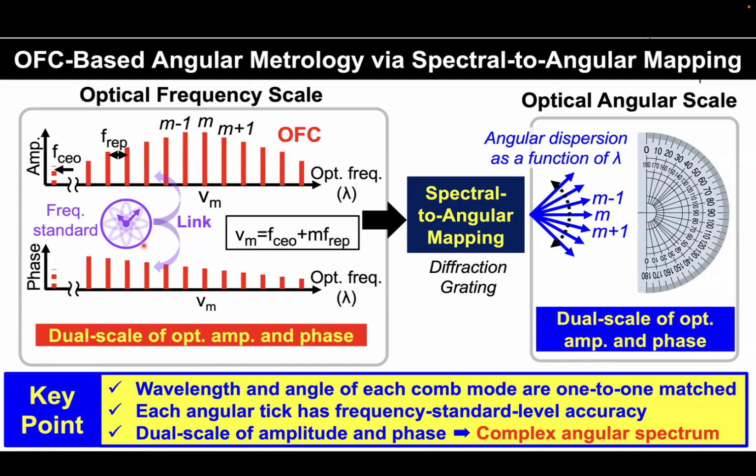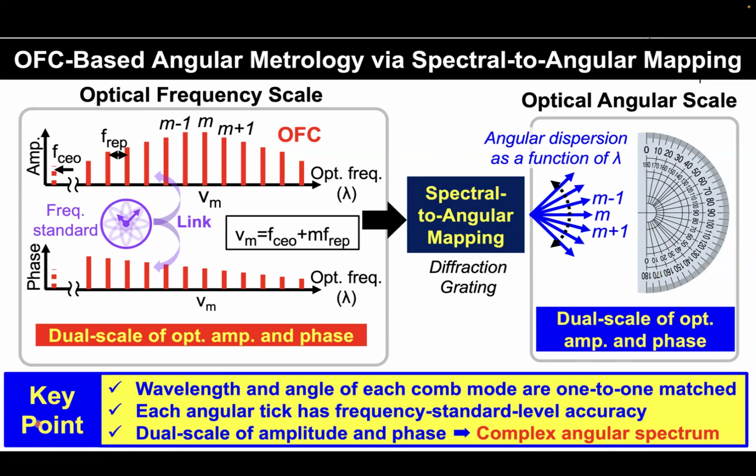Next, we consider that the OFC is incident into a diffraction grating. In this case, each OFC mode is separated at a different angle depending on the wavelength. In other words, angular dispersion is given as a function of lambda. Such an angularly dispersed OFC mode can work as an optical angular scale, having a dual scale of optical amplitude and phase.